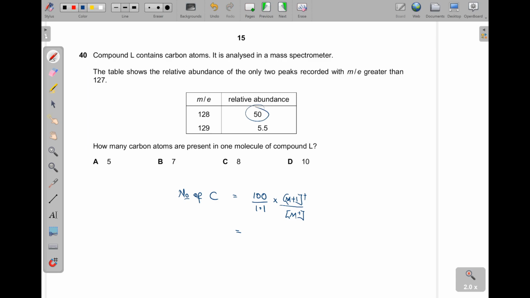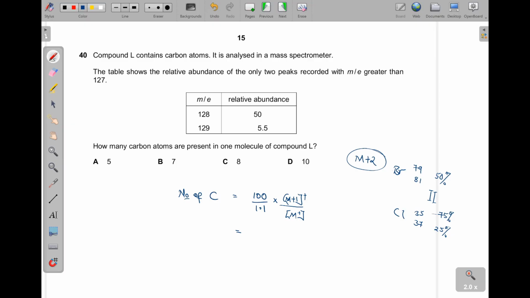They have not told you that maybe there is a bromine or a chlorine, because those give M plus 2 peaks. For bromine, which has bromine 79 and bromine 81, their relative abundances are both 50%, 50-50, so the peaks are of the same length. But when it comes to chlorine, which has 35 and 37, the 35 is the most abundant, which is 75%, and this one is 25%.